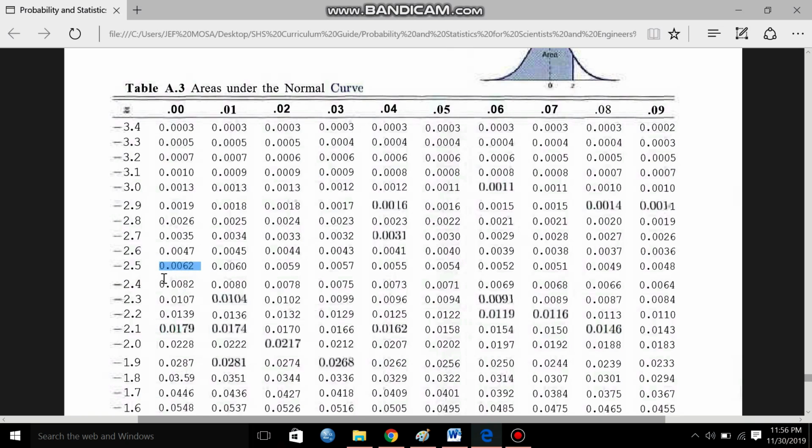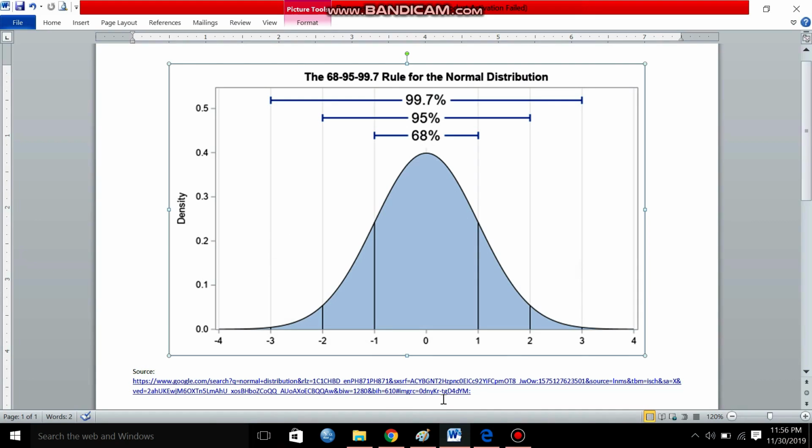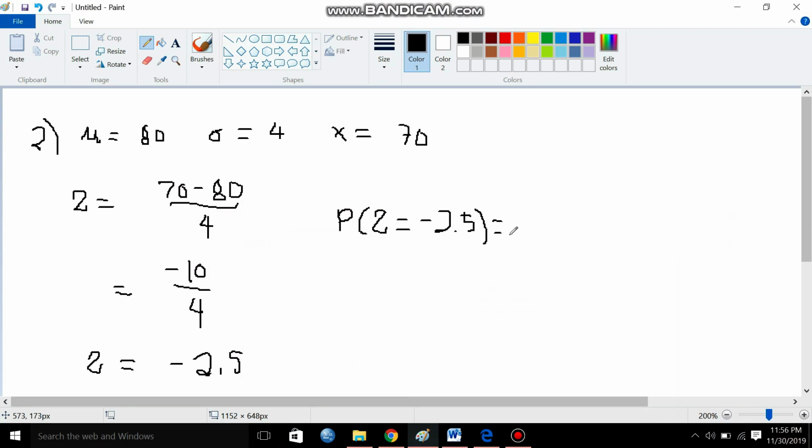So we have 0.0062. So the probability now is 0.0062, or in percent this will become 0.62%.